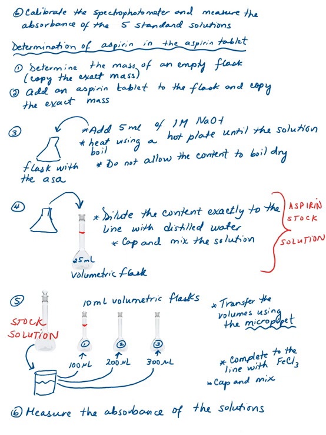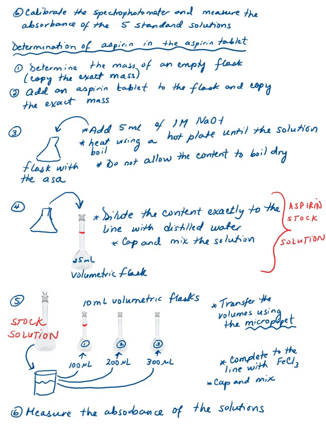So you're going to transfer everything, rinse your Erlenmeyer flask with a small amount of water, and transfer that also into your volumetric flask. Complete the total volume to the calibration line of 25 in your volumetric flask, using distilled water. That right there is your aspirin stock solution with unknown concentration. Okay, we don't know what's the concentration of that solution, but we're actually going to determine what's the concentration.